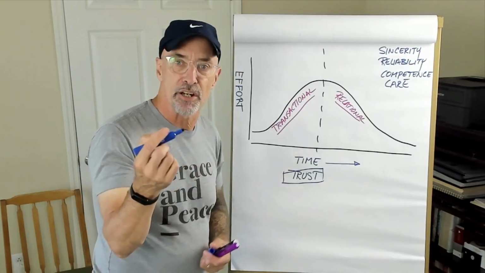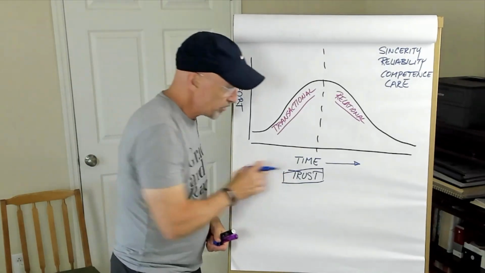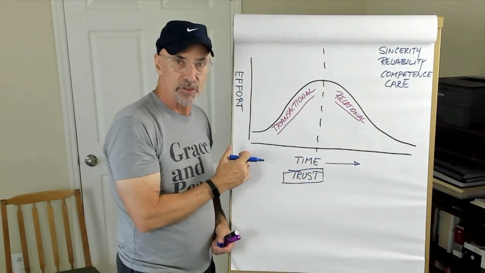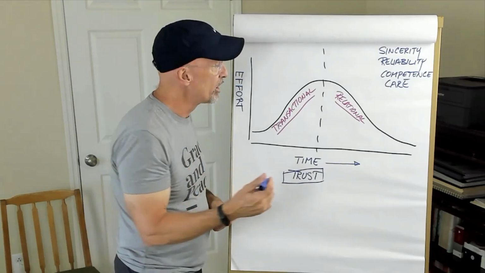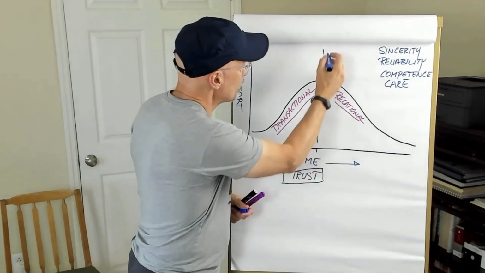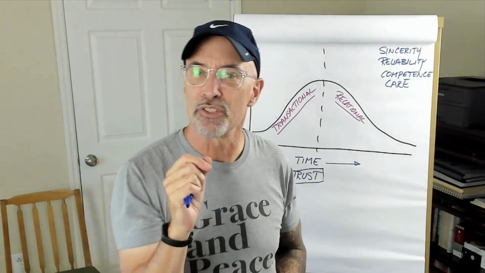So anyway, here's how you can help me out. I think this is trust, but this axis is the amount of trust. So do you agree, or how would you see it? I'm not sure what to call this magic point, although I do believe it's real.